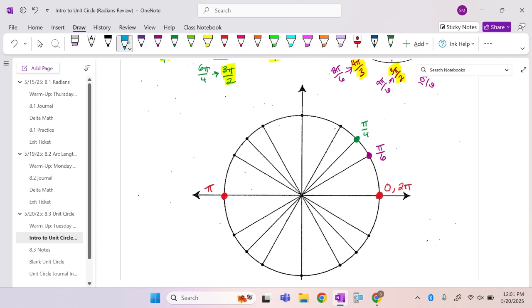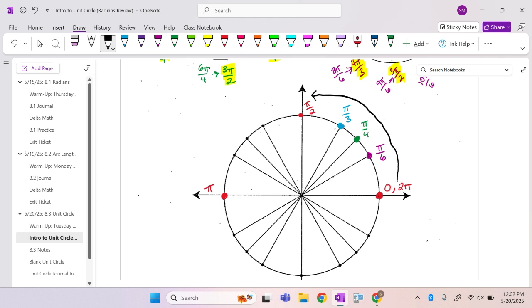A third. So it's a third of the way from 0. Pi over 3. Then finally we have a half, which is pi over 2. All right. Now, if you remember this part right here, the rest of it follows a similar pattern.